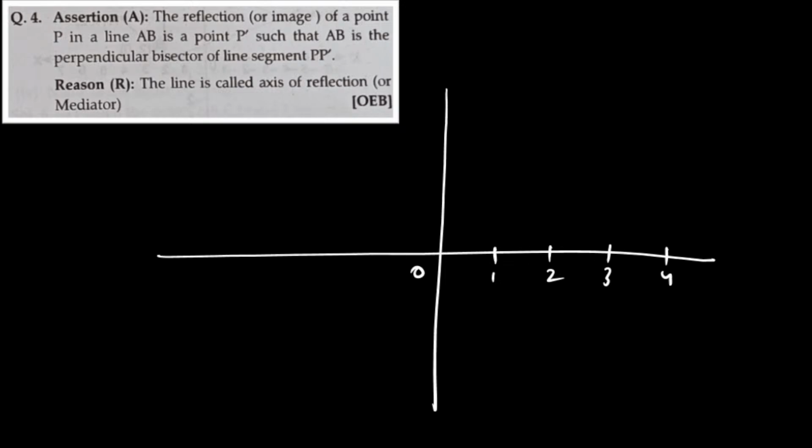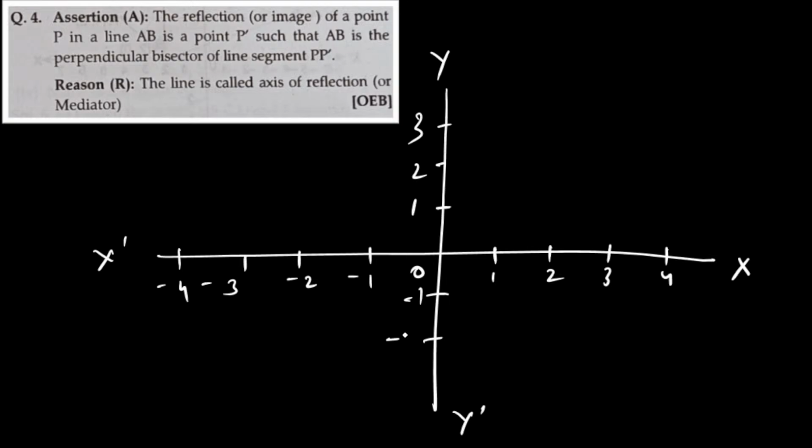So this is the Cartesian plane. I'm just marking the points. So this is the x-axis, this is the y-axis, x dash, y dash. So 1, 2, 3, minus 1, minus 2, 3. So the reflection of a point in the line AB. Suppose I have any point, let's say this one, 2 comma 1.